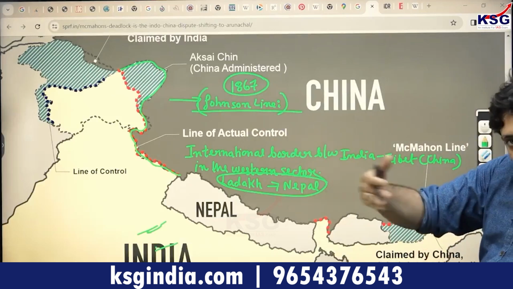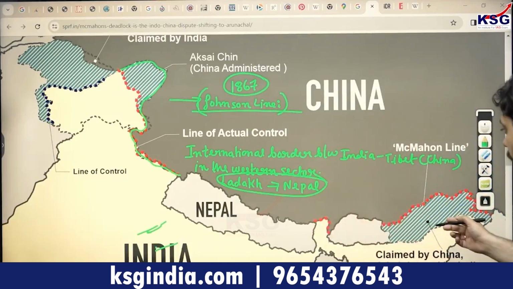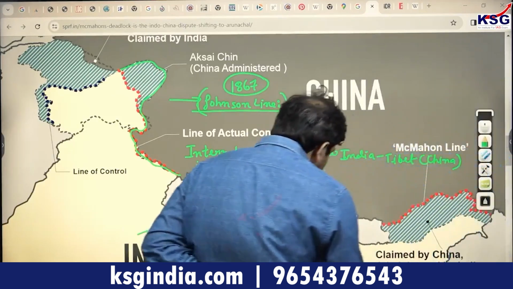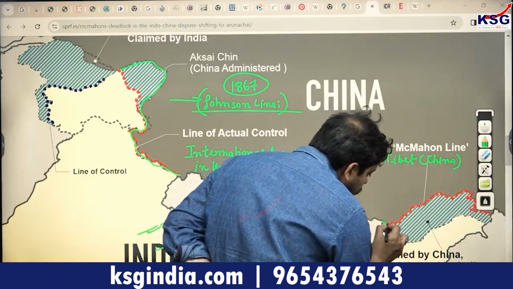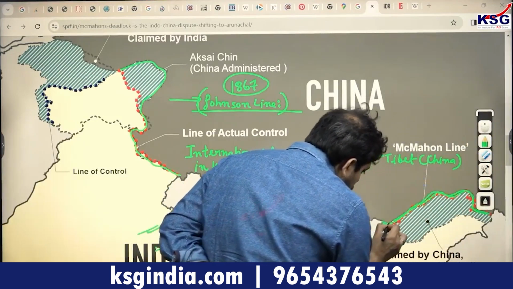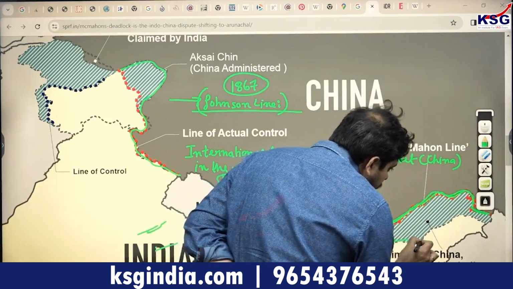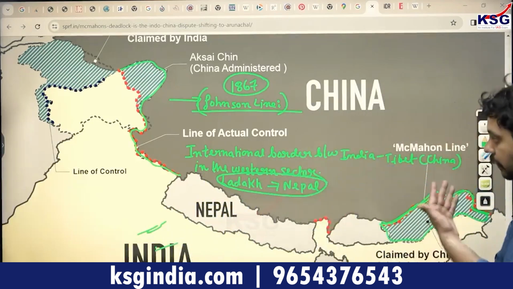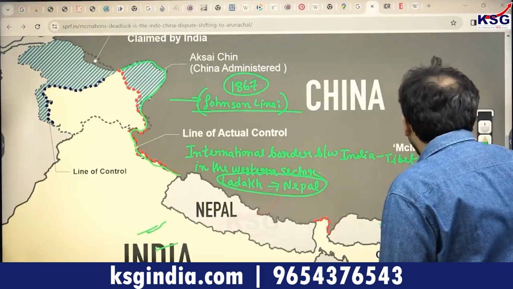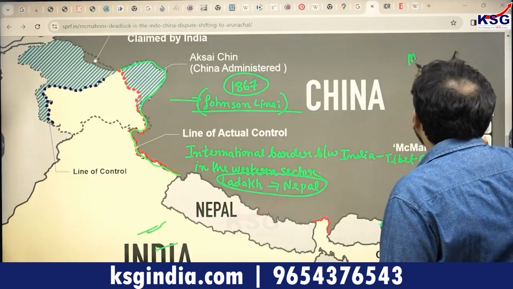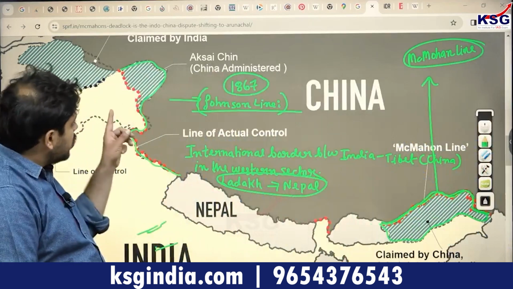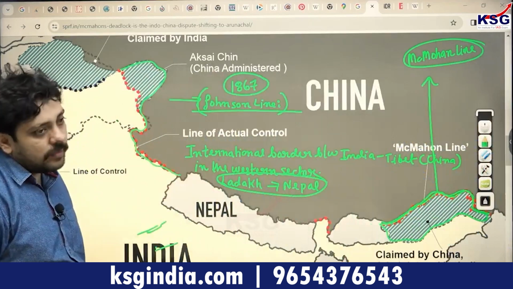And another aspect of this was that the line that was created by the Britishers in this region over here, take a look at this, by which they attached this part into the British territory, this line came to be known as the McMahon line. Clear? So this was the Johnson line and this was the McMahon line.